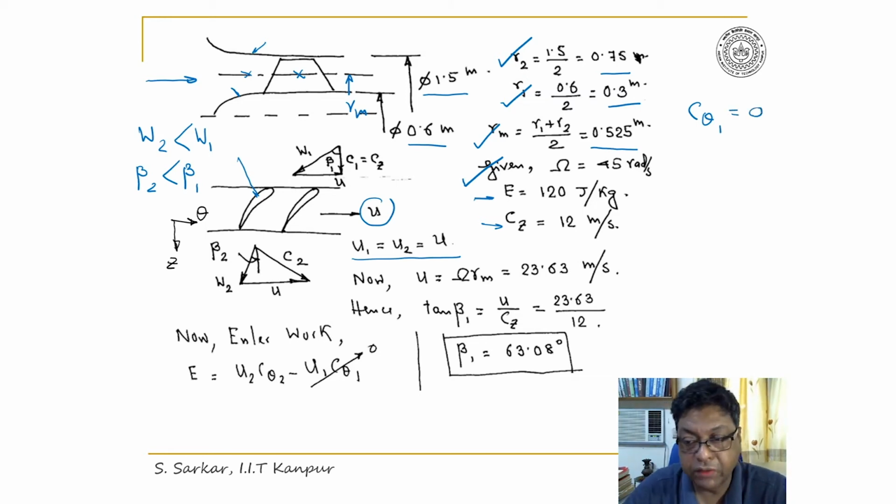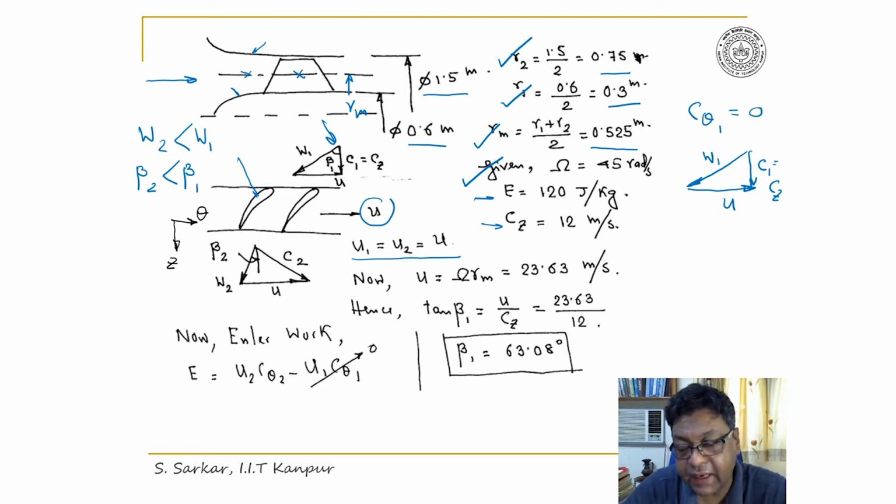Thus, let me draw the velocity triangle at inlet. This is W1. This will be U1 or U. This is equal to Cz. So this is W1, U and this is C1. C1 would be equal to Cz.